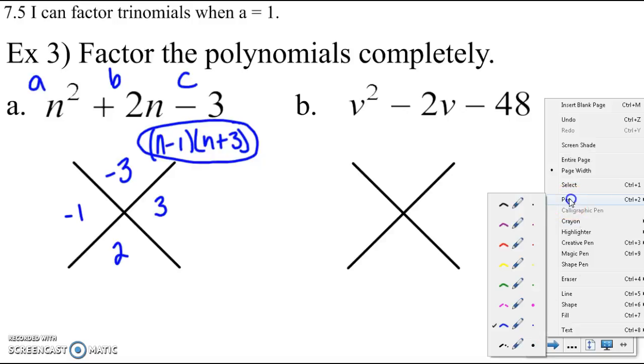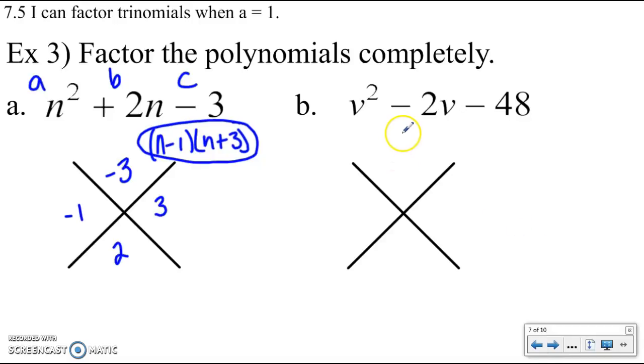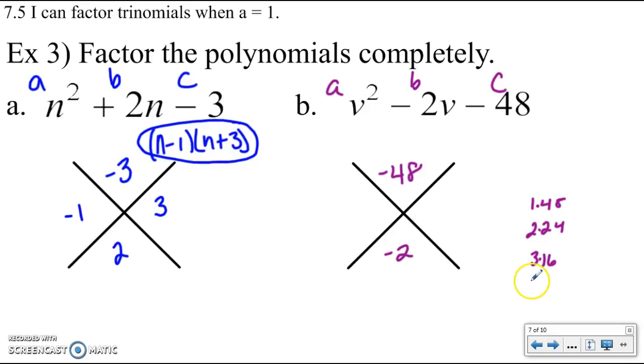Last one we're going to do together. A, B, and C. B is -2, C is -48. So -48 on top, -2 on the bottom. Factors of 48 are 1 and 48, 2 and 24, 3 and 16, 4 and 12, and 6 and 8.